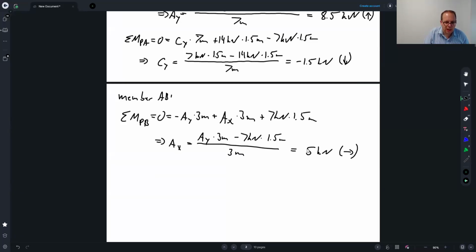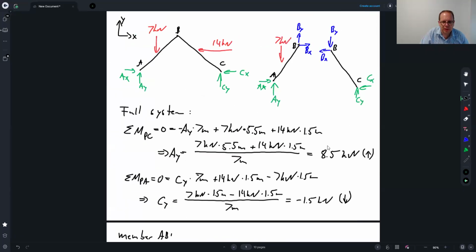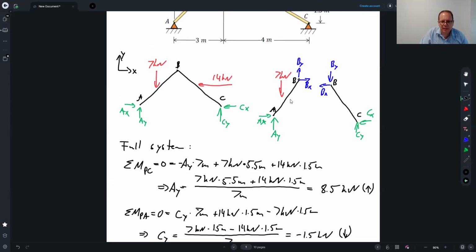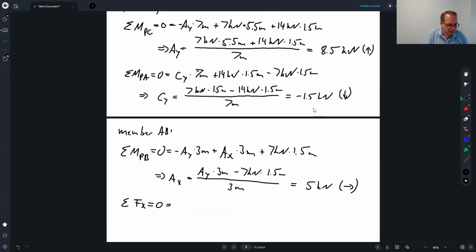So we can say sum of forces in the X direction is equal to 0. What do we get? We get AX plus BX. That's pretty straightforward. AX plus BX, that means BX is minus AX.